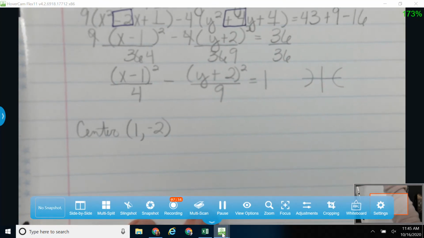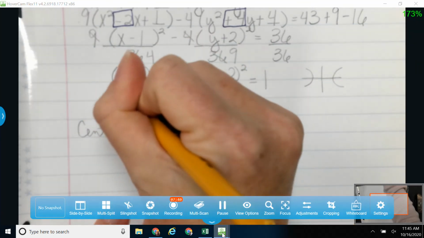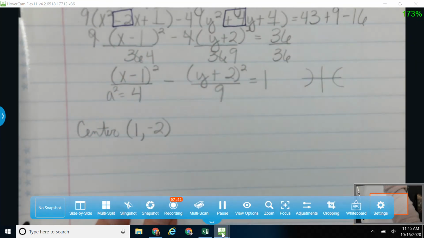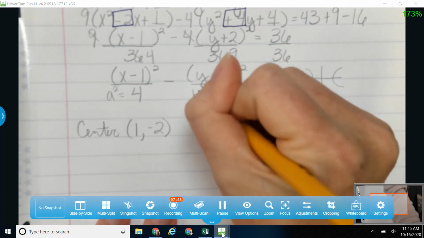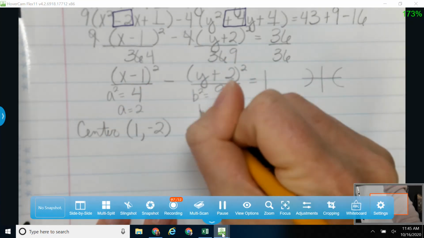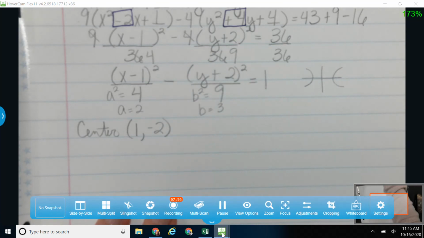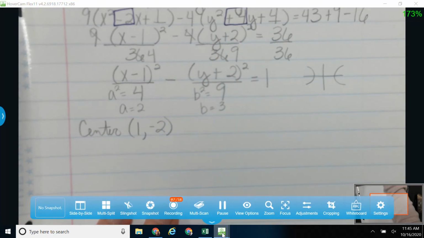And for a hyperbola, I also know that a is first. With an ellipse, a is bigger, but with a hyperbola, a is first. It doesn't matter bigger or smaller, just a is first. So a is going to be 2, and b is going to be 3. So I only need 2 vertices.